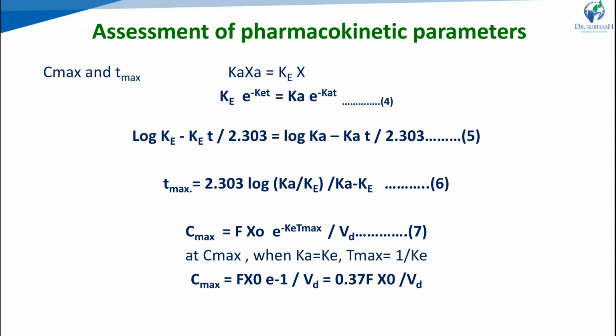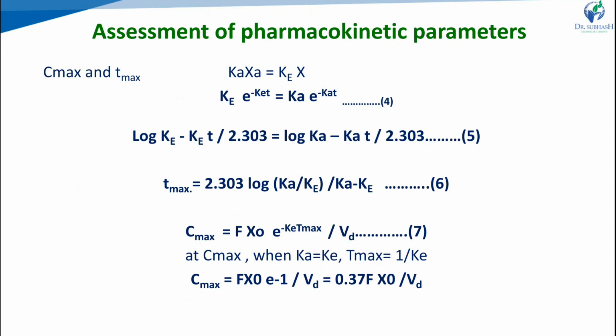From that we find Tmax, and from that Cmax. When Ka becomes larger than Ke, Tmax becomes smaller, because Ka - Ke increases much faster than log(Ka/Ke).